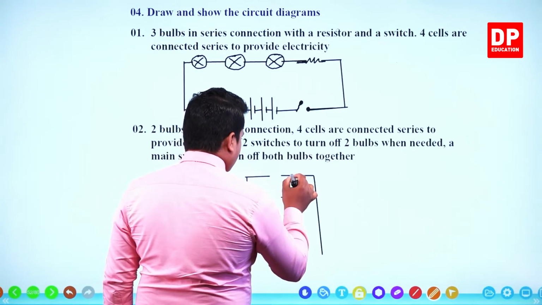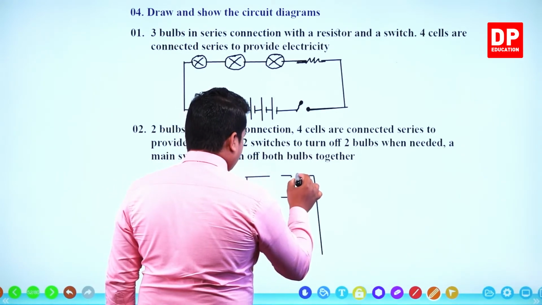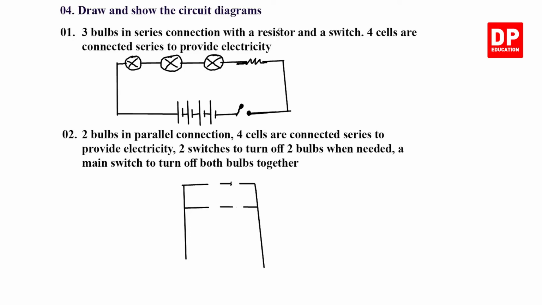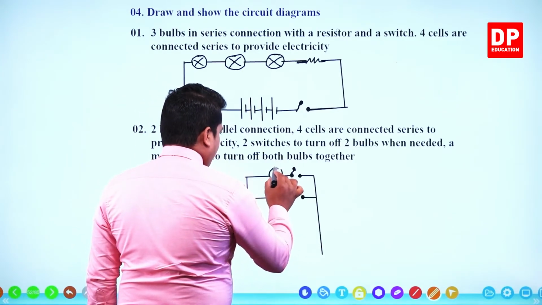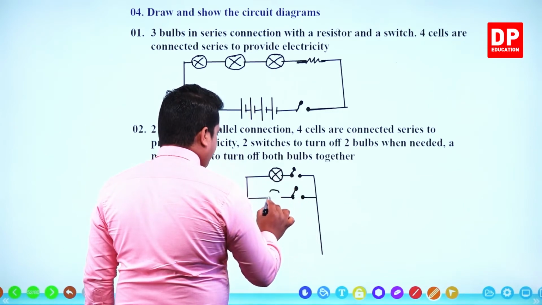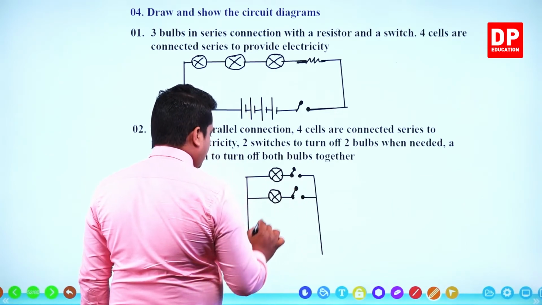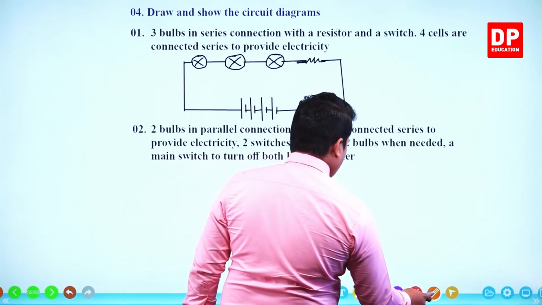So the switches, here we go. The 2 switches, then the 2 bulbs which are parallel connected to each other, and my dear children, there should be a main switch.